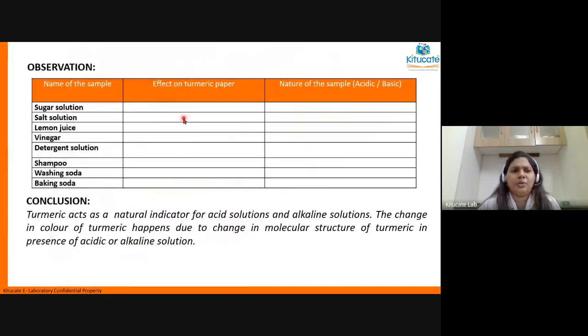In an observation table like this, you can write down the effect of turmeric, whether it remained yellow, turned orange, or turned red, in the second column. In the last column you can write: if it is yellow, then it is an acid. If it is anywhere from orange to red, then the solution is a base.